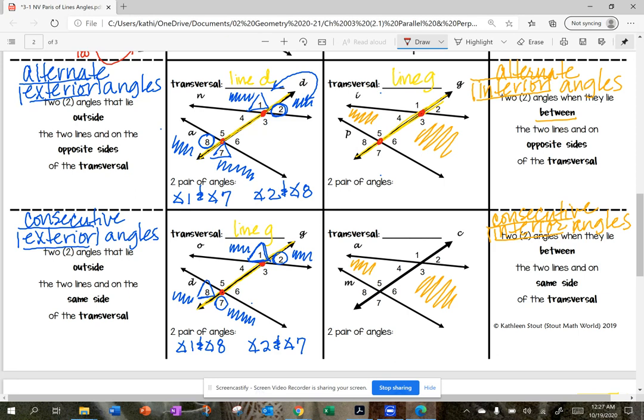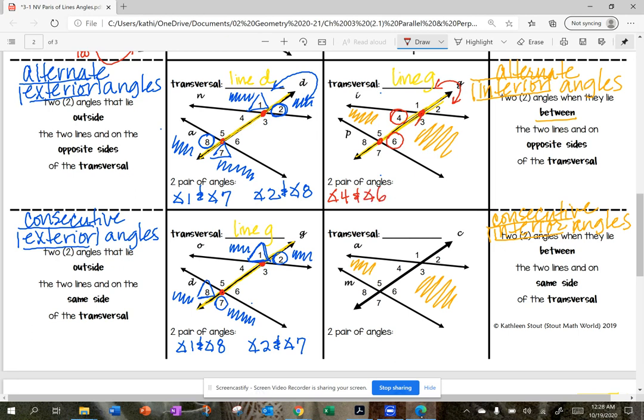Alternate means I have one on each side of the transversal. But this time I'm talking about angles 3, 4, 5, and 6, these four angles on the inside. So angle 4, and on the other side of the transversal would be angle 6. So angle 4 and angle 6.